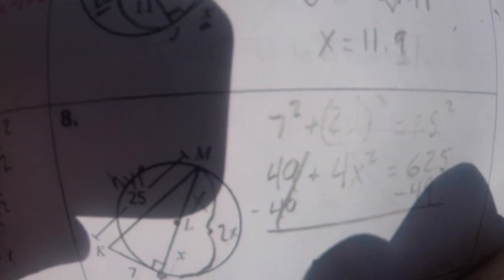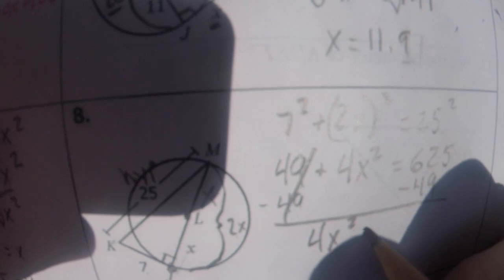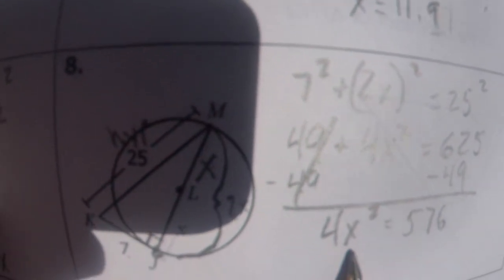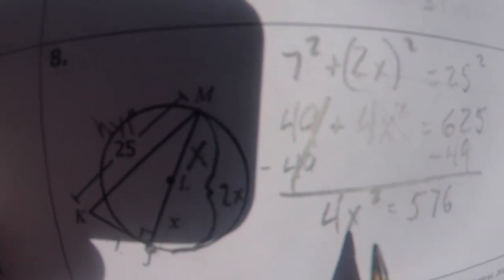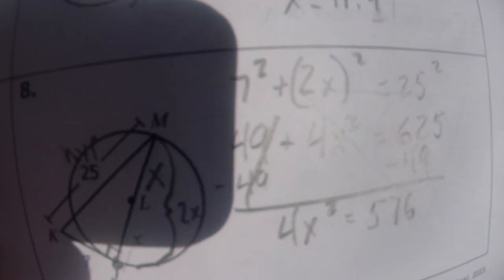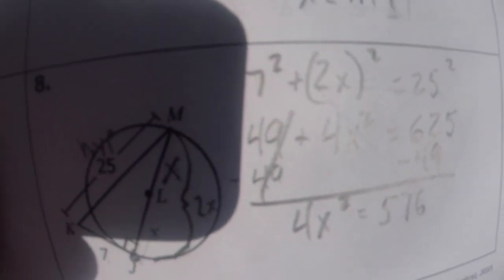We want to get the x by itself, so we subtract 49 from both sides. This will cancel, so I have 4x squared equals 625 minus 49, which is 576. Now I have to get the x by itself. There's an exponent and a coefficient of 4. Which one do I have to get rid of first?